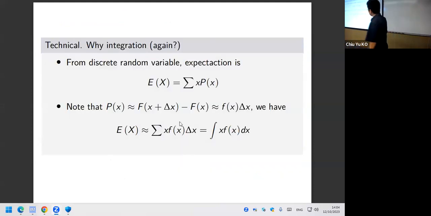If you want to care, this is how you get it from integration. If you know integration, that is actually what it means. But in our class we don't require any integration, so that should be fine. We just understand conceptually: mean is the same as mean, variance is the same as variance. There's nothing particularly new here.